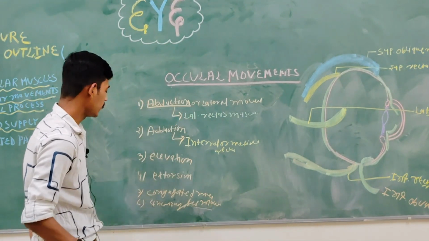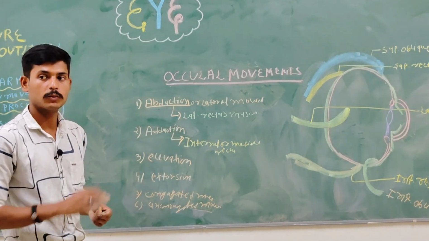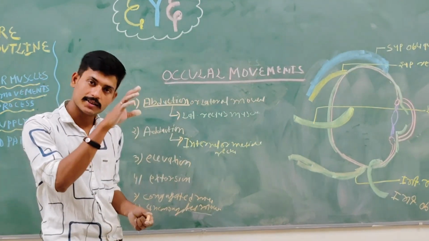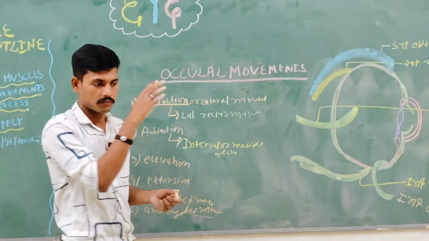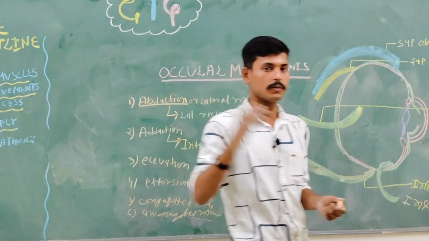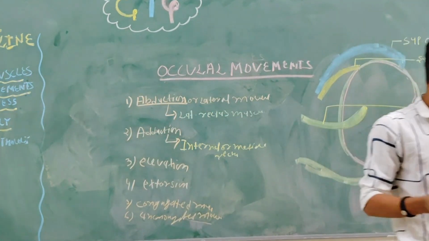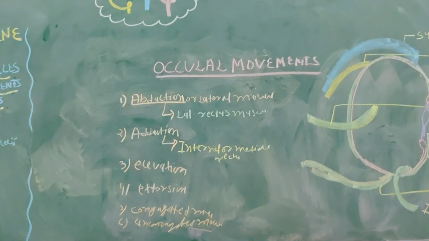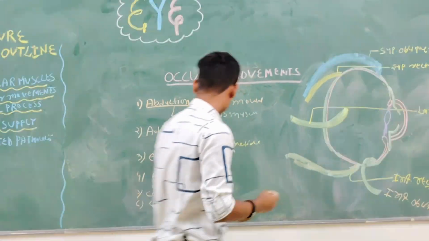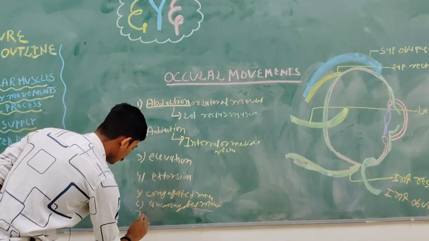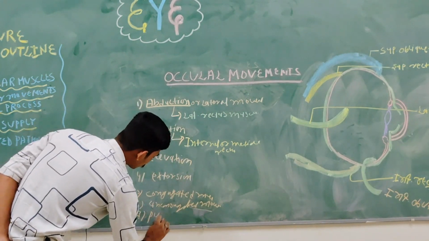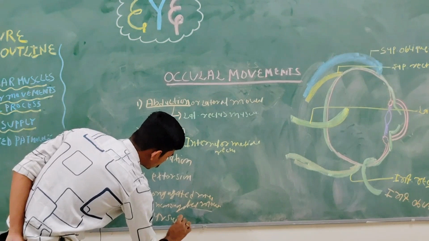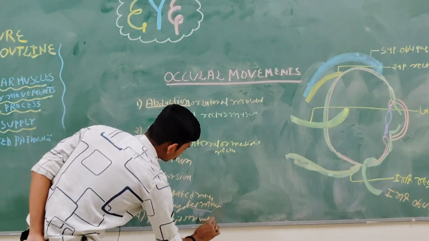Understood? Then sometimes we have to follow an object. If we see someone running in a movie, or someone is running, this type of movement is called pursuit movement. Write down, seventh is pursuit movement.